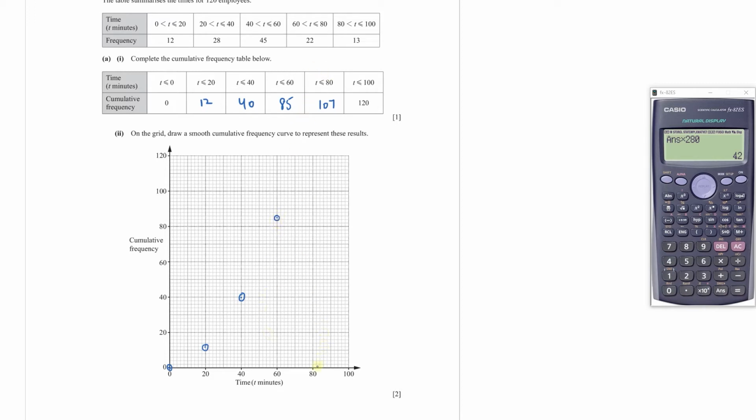Then you have 80 and 107. 100, 110, 108, and then 107 will be this one. And then 100 and 120. So these are the plots, and then you can draw the curve.